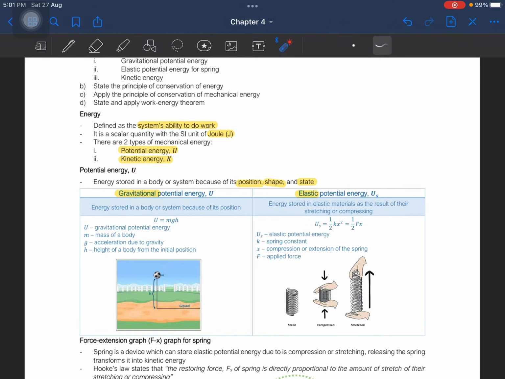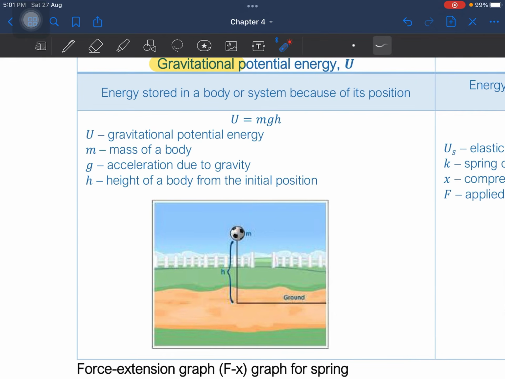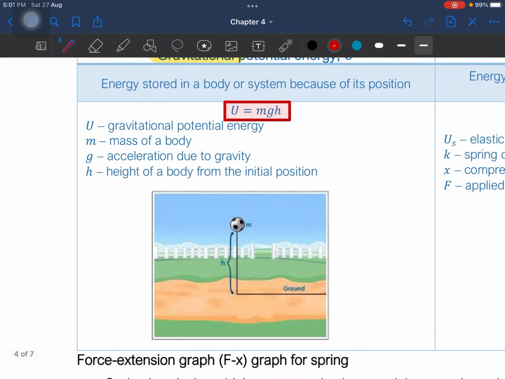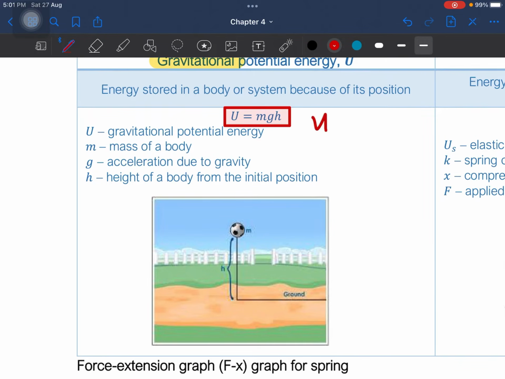Okay, so gravitational potential energy, the symbol is U, the formula is equal to mgh. So based on this alone, we can say that the gravitational potential energy will be higher ataupun will be bigger when the height is higher. Macam itulah.